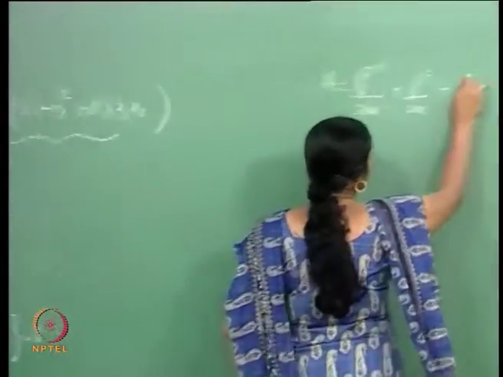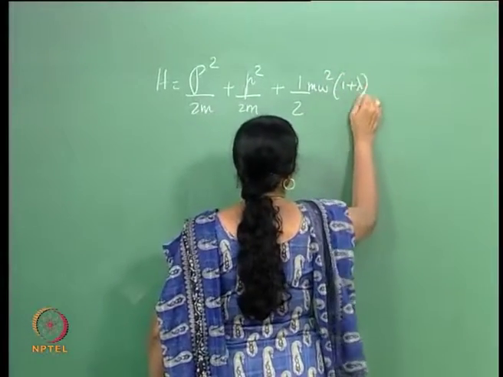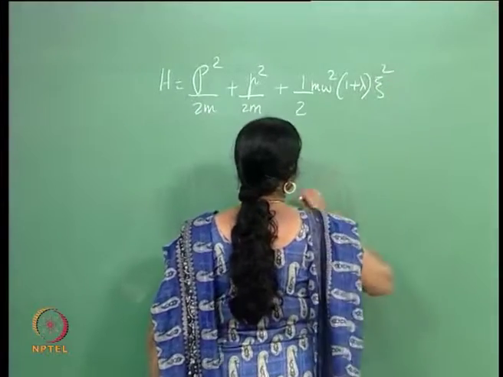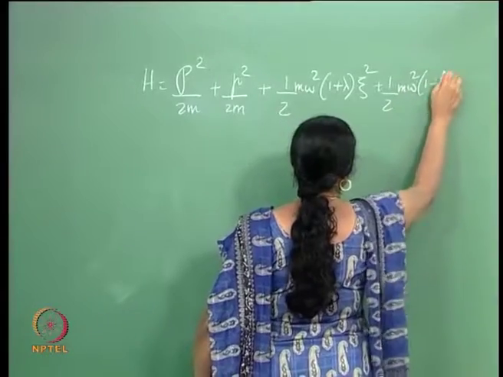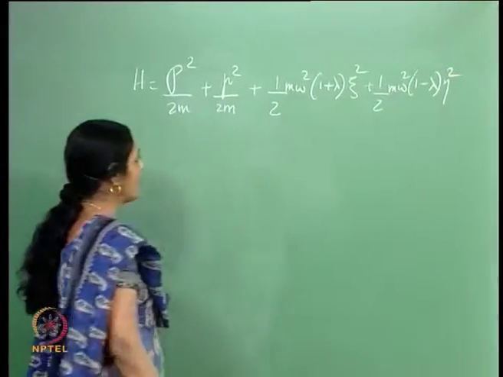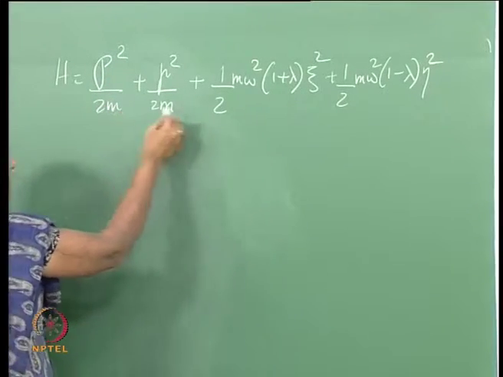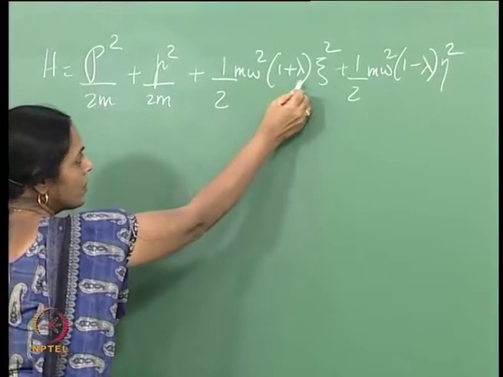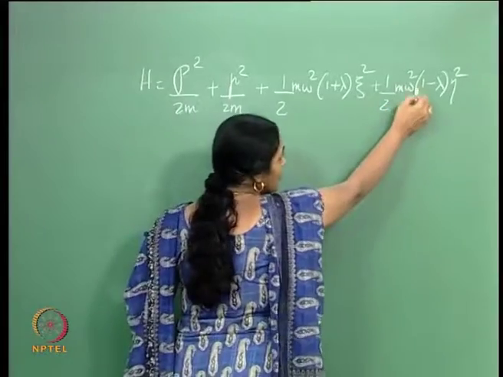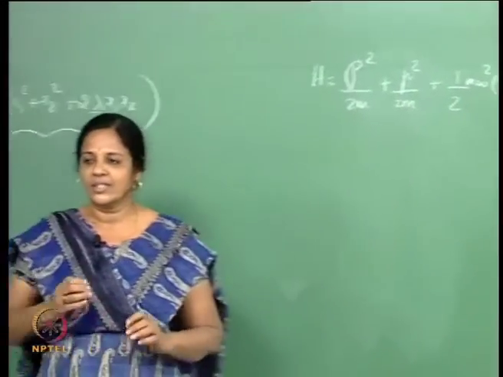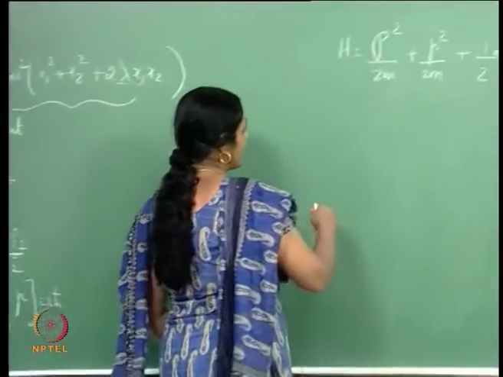So, I have half m omega squared times (1 plus lambda) zeta squared plus half m omega squared times (1 minus lambda) eta squared. So, I really have two oscillators, capital P squared by 2m plus half m omega squared (1 plus lambda) zeta squared, and then little p squared by 2m plus half m omega squared (1 minus lambda) eta squared. So, I have decoupled this into two oscillators.